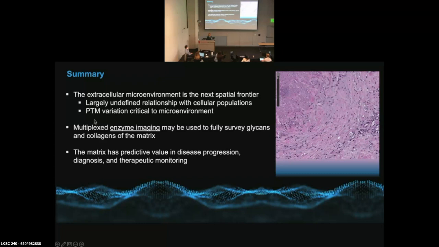Post-translational modification is critical to this. This is really what is controlling the gradient of these hydrophilic or hydrophobic molecules across the tissue. And then multiplexed enzyme imaging seems to be a very useful way to survey these different patterns in these large protein structures. And then last, the matrix has predictive value.